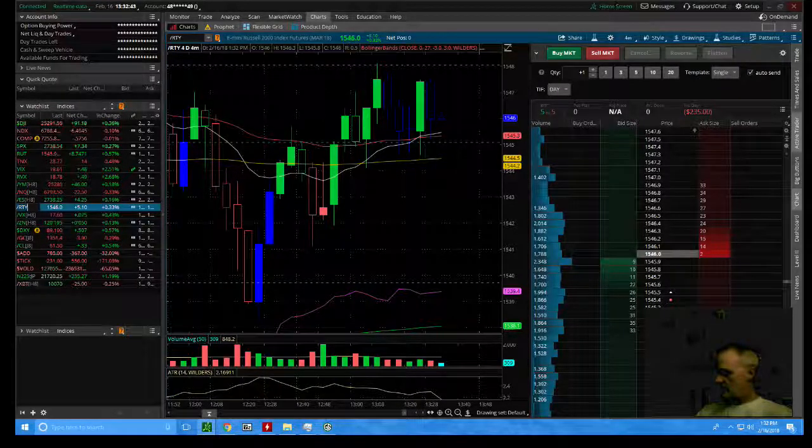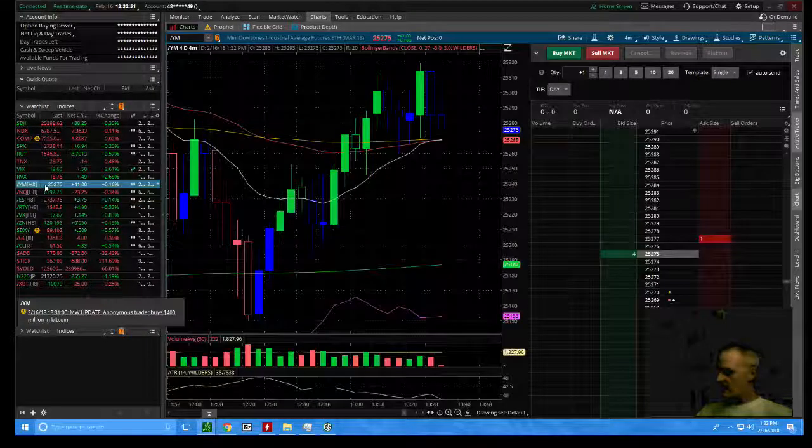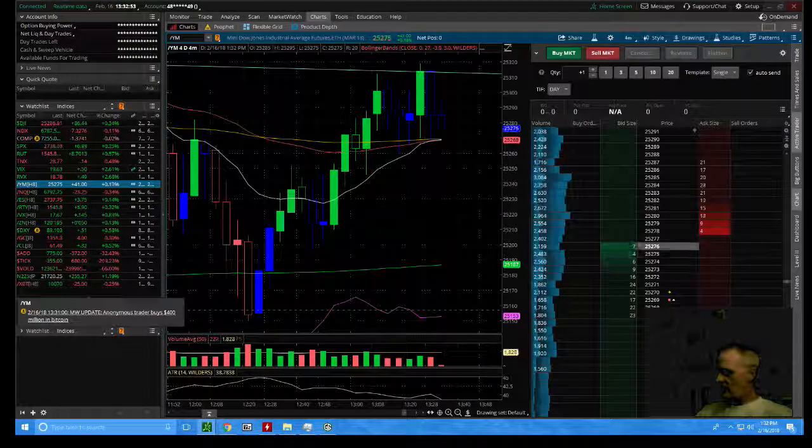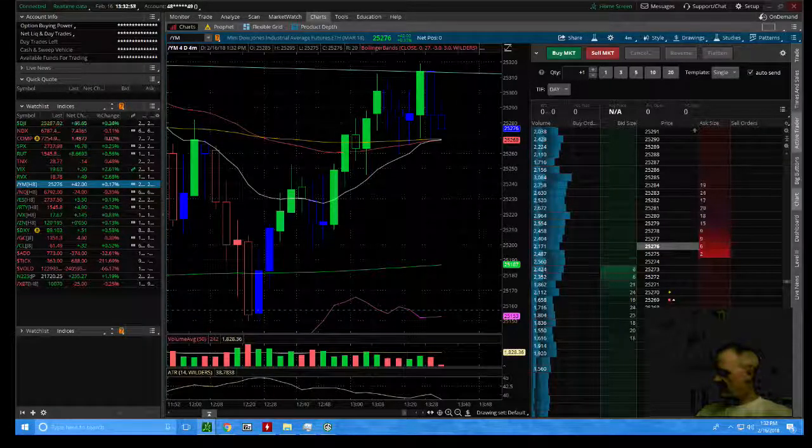See, and right now the Russell looks like it's showing some weakness, and I would bet you if we look, we would probably see the same thing in the Dow and the NASDAQ and the S&P.